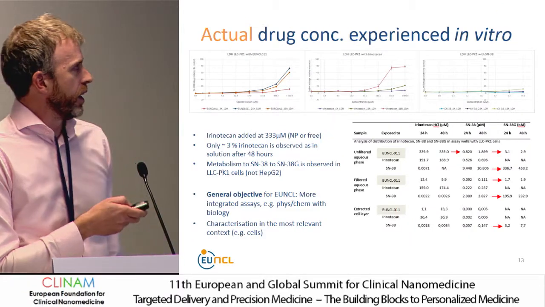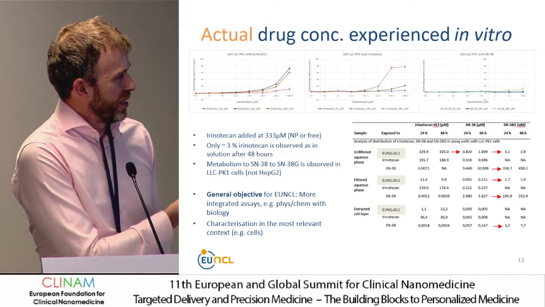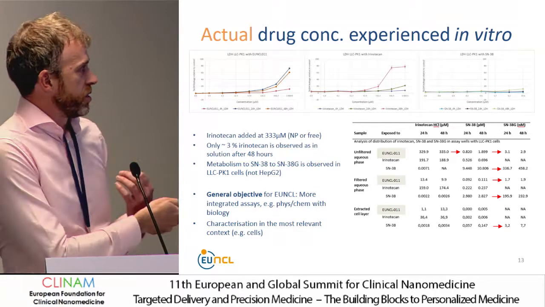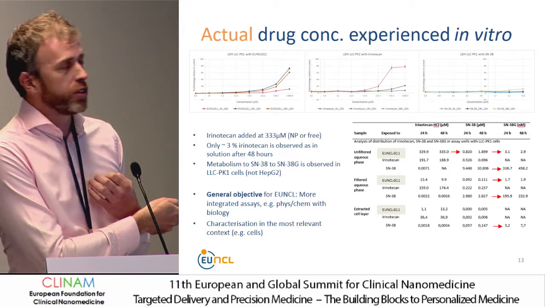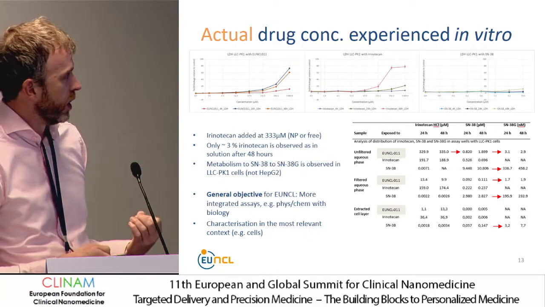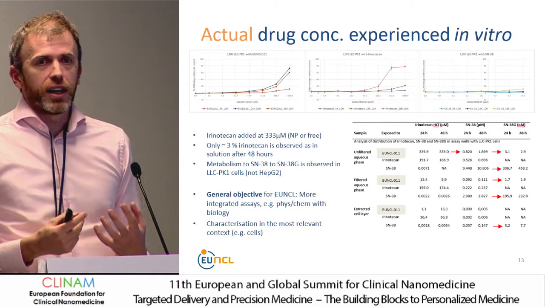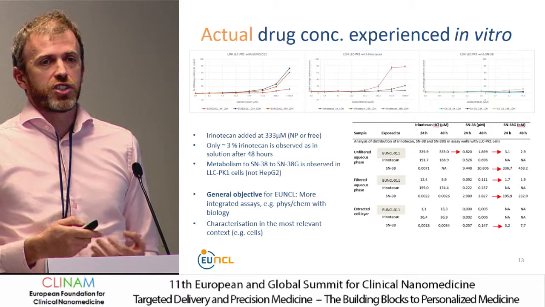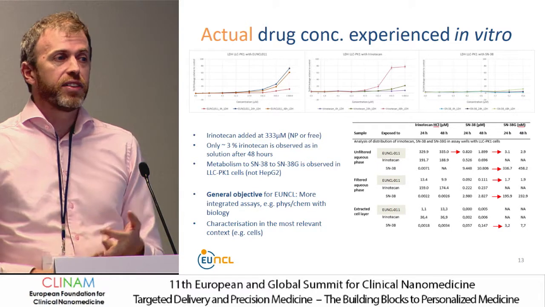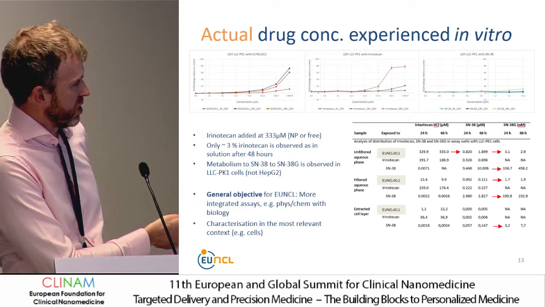Now, I want to spend a little bit of time on this one. We are not going to go through the whole data set, but what we did was we took cell culture, we exposed it to either the encapsulated irinotecan, the free irinotecan, or even the metabolite, the most active metabolite. Then we let the cells grow for a while, and we measured the actual concentrations of the irinotecan, the SN38, and the glucuronide in the aqueous phase, and we also tried to do it in the extracted cell layer.